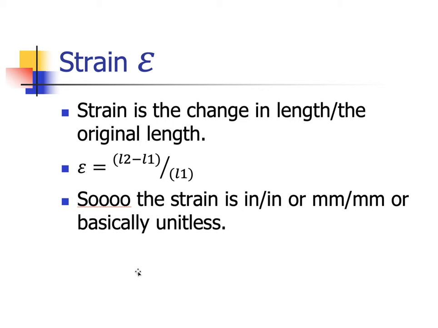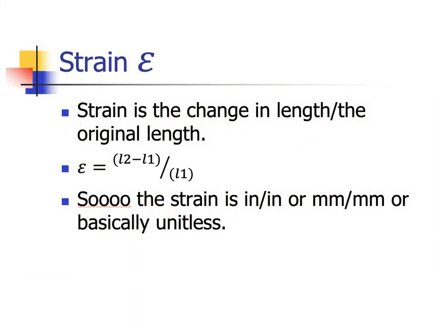The problem is that every one of those bonds, let's say this is a string of atoms, if I pull on a really long bar, all those bonds stretch slightly, so that really long bar will stretch a fair amount. If I pull on a really short bar, it will only stretch a little bit. So the length of the bar that you're stretching actually matters, and so we need to normalize that.